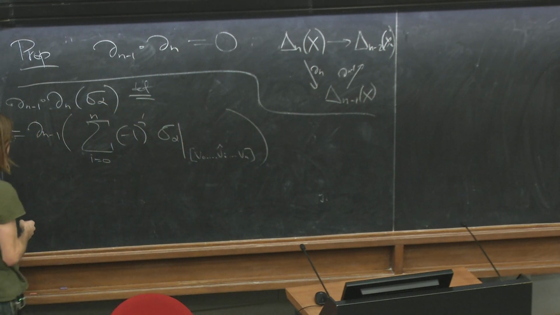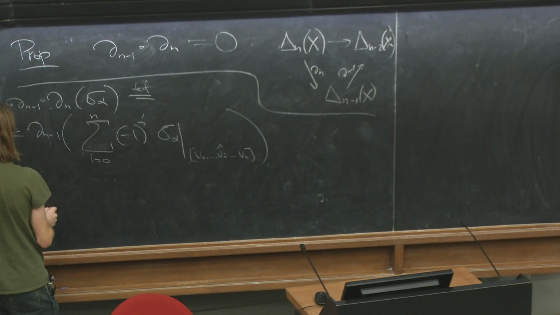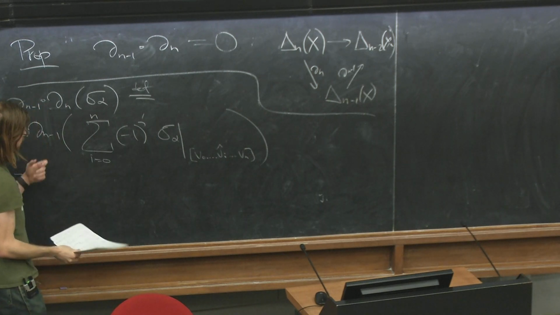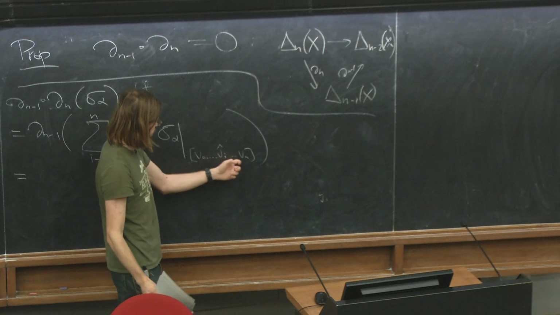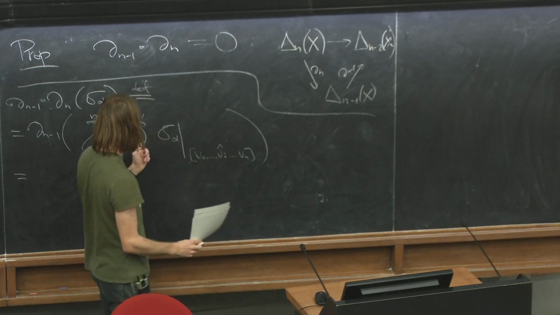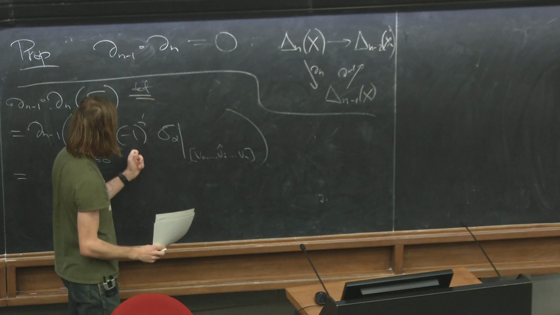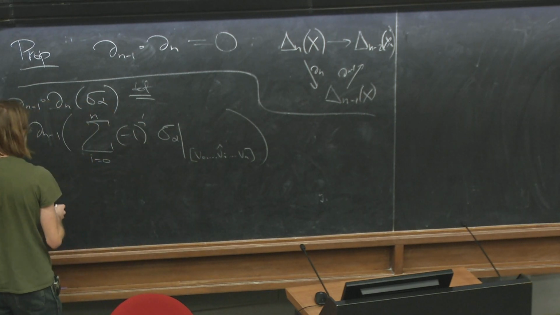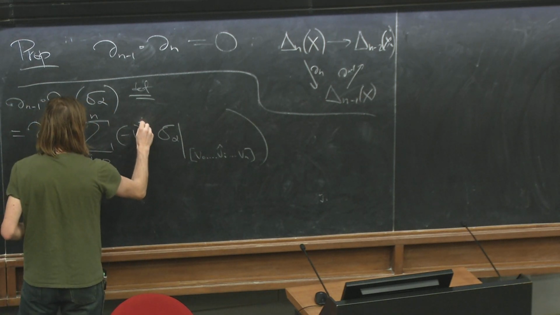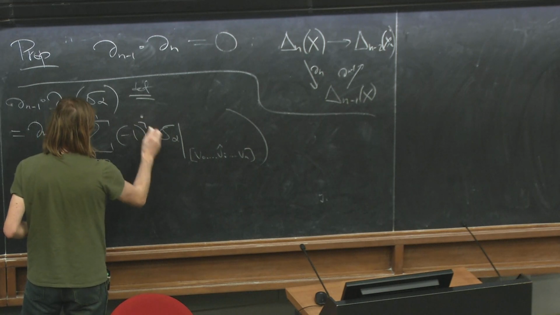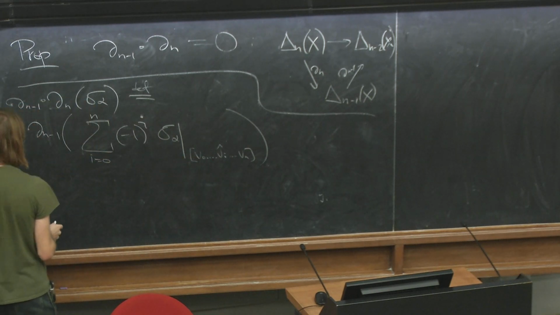Then I want to apply d again. So how does this d act? Again, we want to remove vertices, and we do this with a sum with plus or minus 1, determined by the position of the vertex we remove.